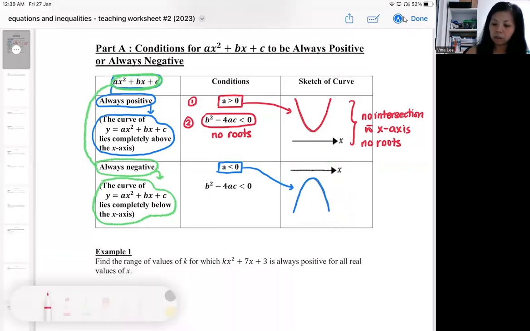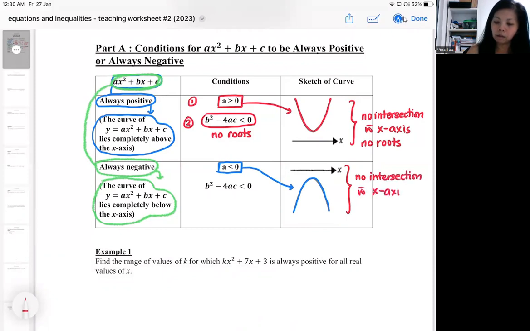And as you can see here, there is no intersection with the x-axis, so again, there are no roots. That's why the discriminant is negative, due to the no roots situation. So again, there are two conditions.